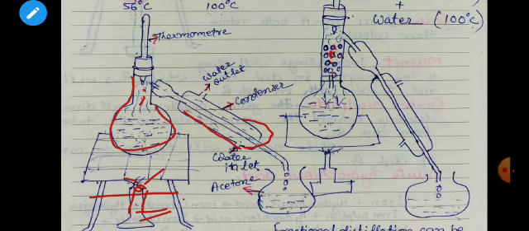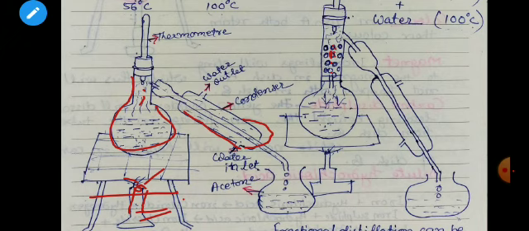The purpose behind having such a column is to obstruct the upward movement of the vapor of the two liquids. The vapor of the high boiling liquid, that is water in this case, will also rise up but get condensed, releasing energy, that is latent heat of condensation, and that will be taken up by the vapors of the low boiling liquid, that is alcohol in this case.